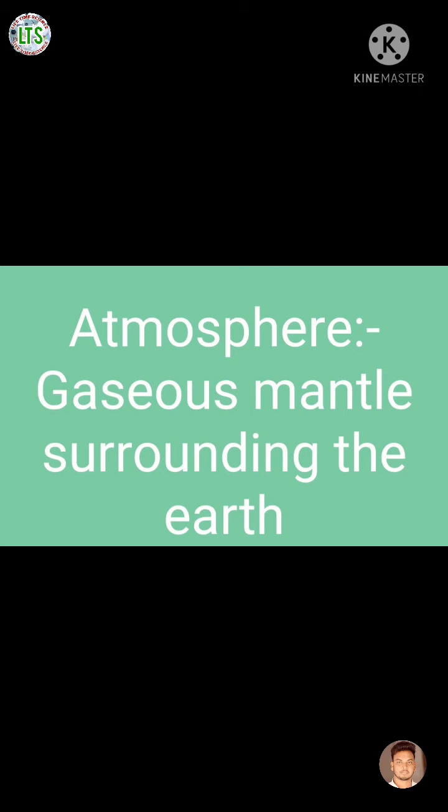Atmosphere means the cover of air that envelops the earth, or it may be defined as the protective, thick, gaseous mantle surrounding the earth, which sustains life on the earth and saves it from the unfriendly environment of outer space.